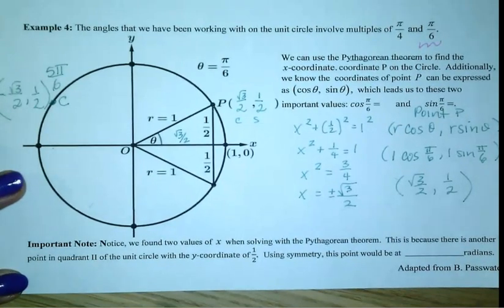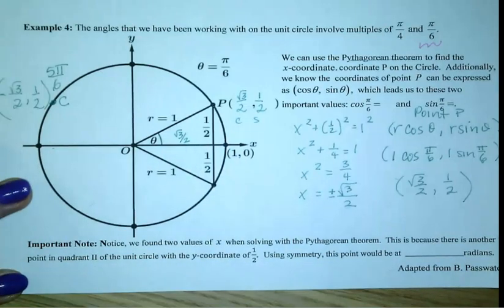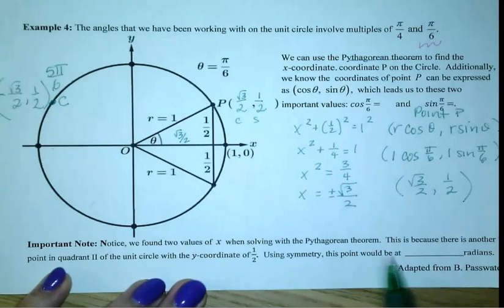One important note, notice that we found 2 values of x where the Pythagorean theorem produced our displacement that we were looking for. And we found out that when that happened, it was in a different quadrant. So we were talking about angles in different quadrants on the unit circle. And so with a y coordinate of 1/2, use the symmetry at this point, what would be the radian?